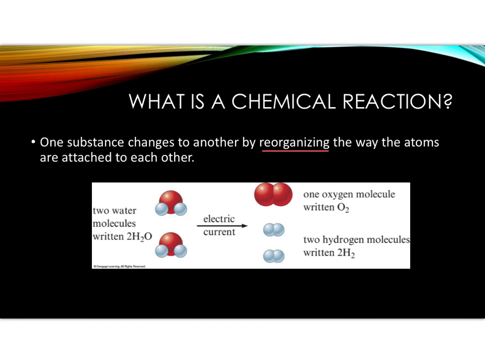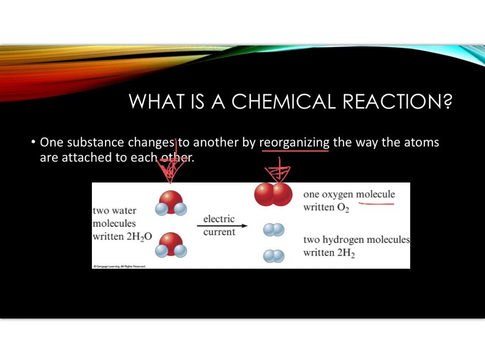I'm taking one type of substance. Here on the left in this chemical reaction, we have water molecules. And I'm rearranging those different atoms over here on the right-hand side, and my products are 1 oxygen molecule, 2 or more elements chemically combined, and 2 hydrogen molecules.